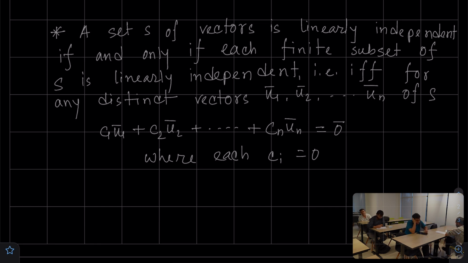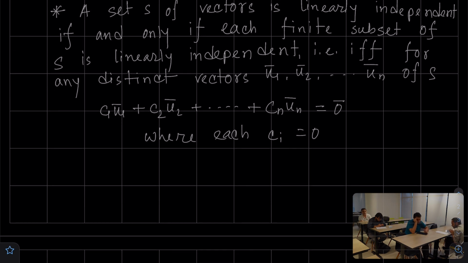So a set S of vectors is linearly independent if and only if each finite subset of S is linearly independent, i.e., if and only if for any distinct vectors of S, C1 u1 vector plus C2 u2 vector all the way up to Cn un vector equal to the 0 vector implies that each Ci is equal to 0, not 'where Ci'.